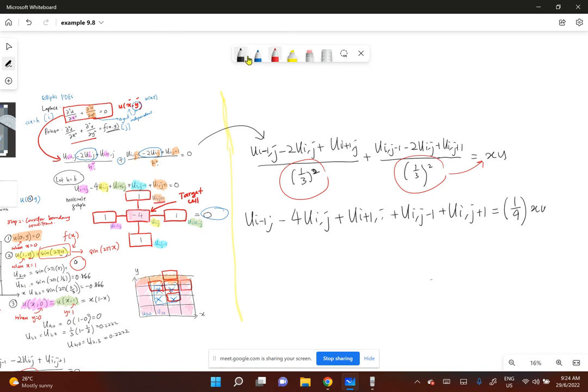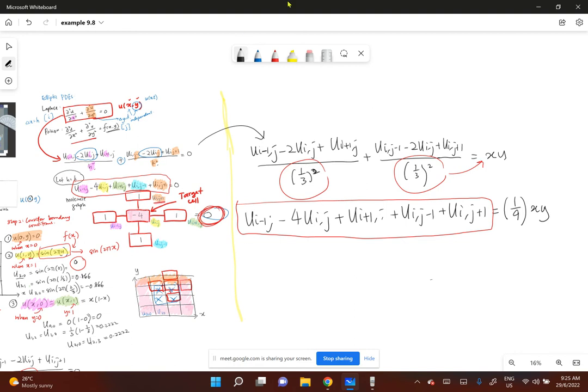So if you look at here, actually the left hand side is still the same. So that means even the molecule graph is the same. We will get the same molecule graph. Only here, the right hand side, we have the value 1 over 9 times xy.